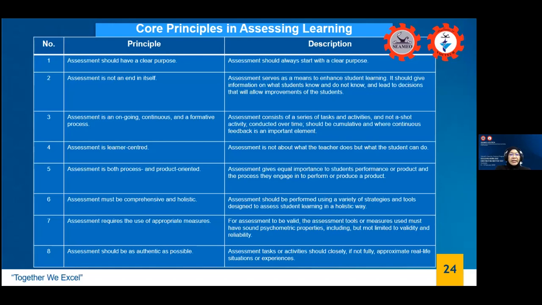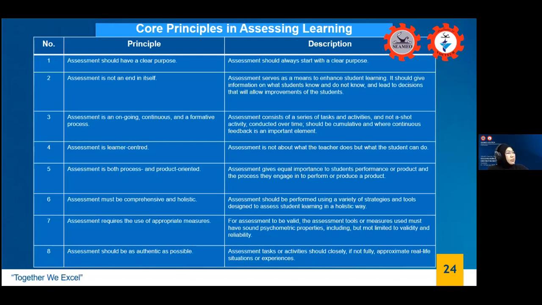Next is assessment requires the use of appropriate measures. What does it mean? You use the kind of test appropriate to the task that you give them. For example, if the task is to produce something like a performance, you are not to give them written tests. You are to give them a demonstration.